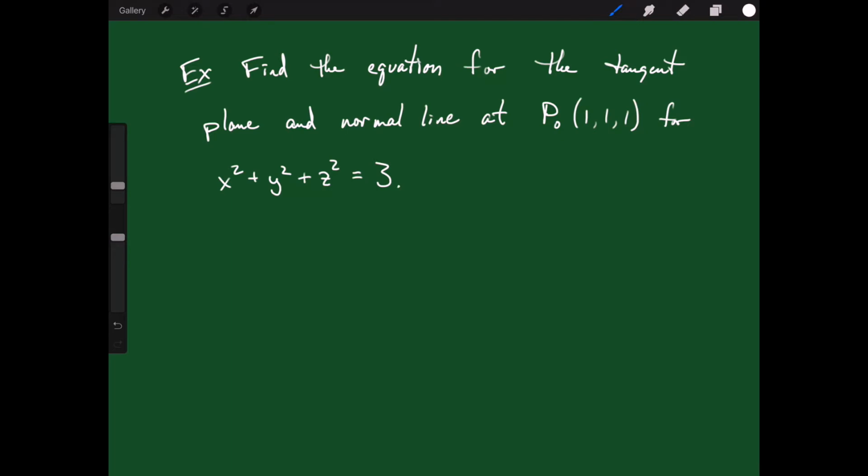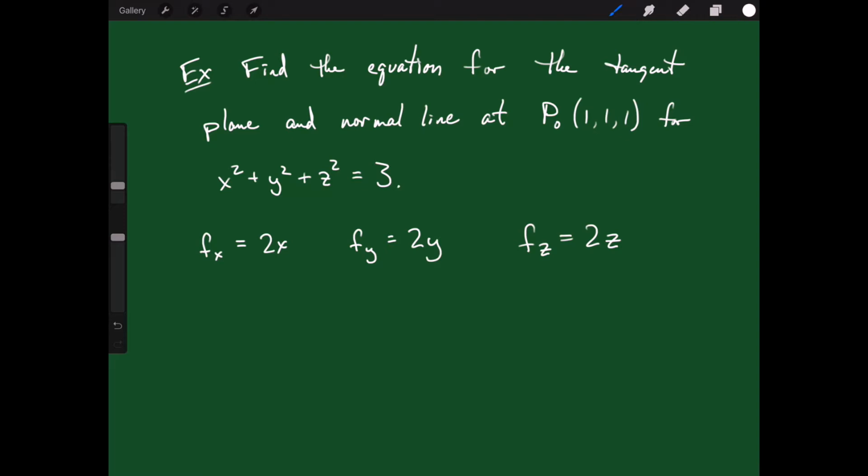So first thing that I really need is I need to know what's the partial with respect to x of this function. And the partial with respect to x is just 2x. Then I could ask, well, what's the partial with respect to y? It's just 2y. And what's the partial with respect to z? It's just 2z. Okay.